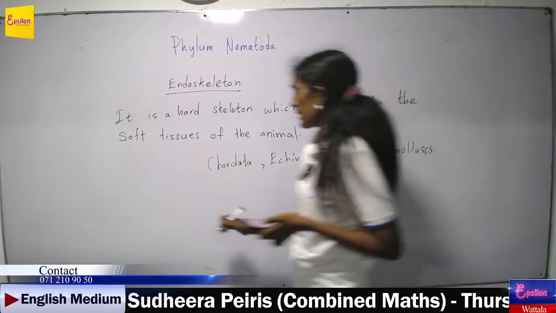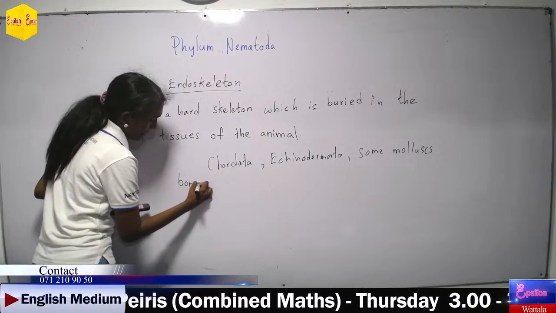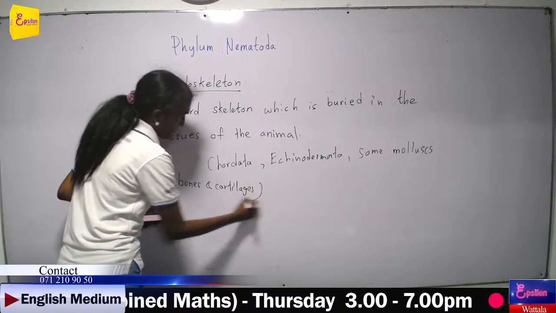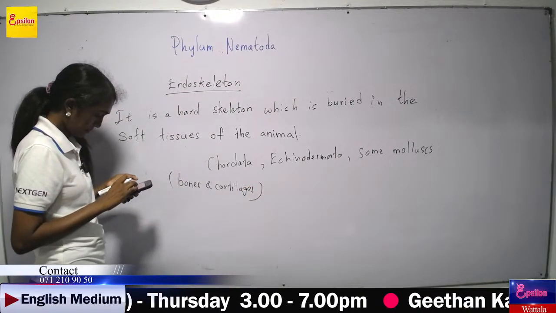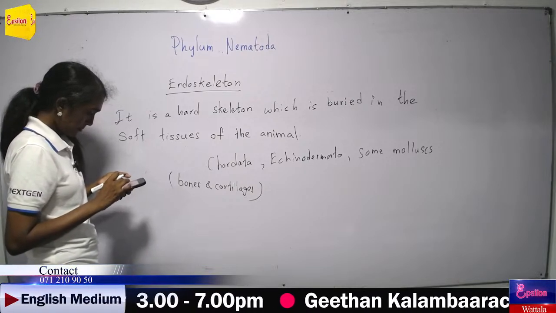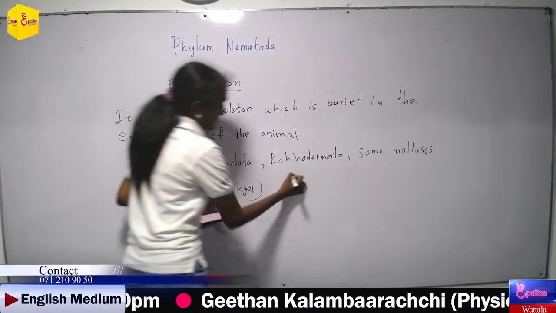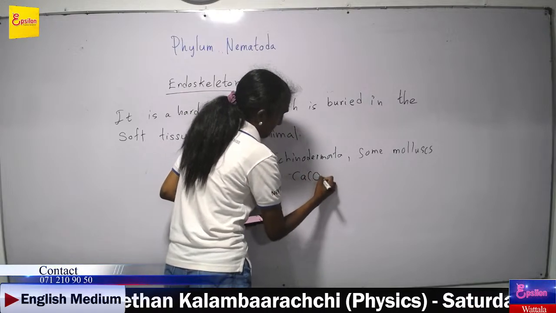The chordates have bones and cartilage in the skeleton. Calcium carbonate is in the echinoderm.